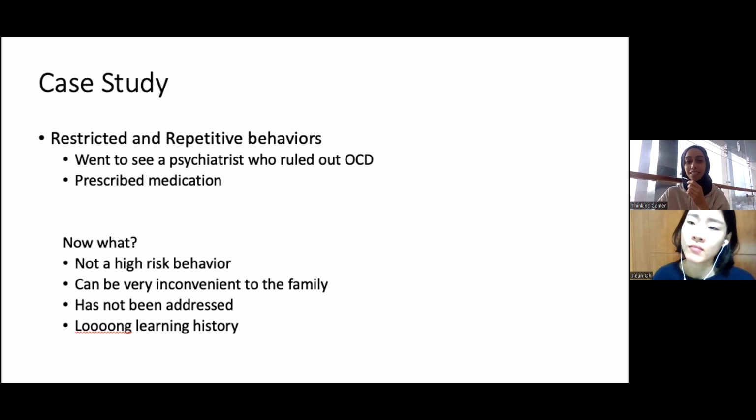Even though the dad is keen to work on his son's communication, I've never seen his interest in working on those behavioral skills or targets. The last point we have to take into consideration is that AB is 20 years old. He has a long history of getting away with this kind of behavior, a long reinforcement history with his restricted and repetitive behaviors.